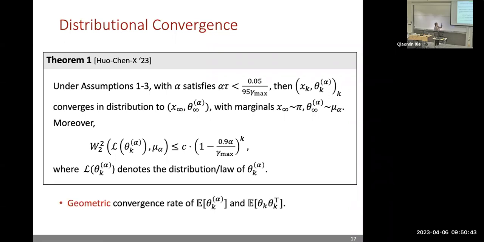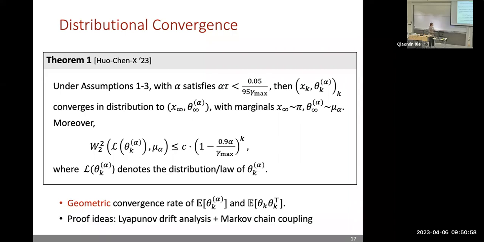A few corollaries or implications of these results: first, we have geometric convergence of the first moment and the second moment, thanks to the geometric decay in the Wasserstein distance. The proof idea combines the Lyapunov-driven analysis, inspired by Lei's work on TD learning analysis, and a special Markov chain coupling.